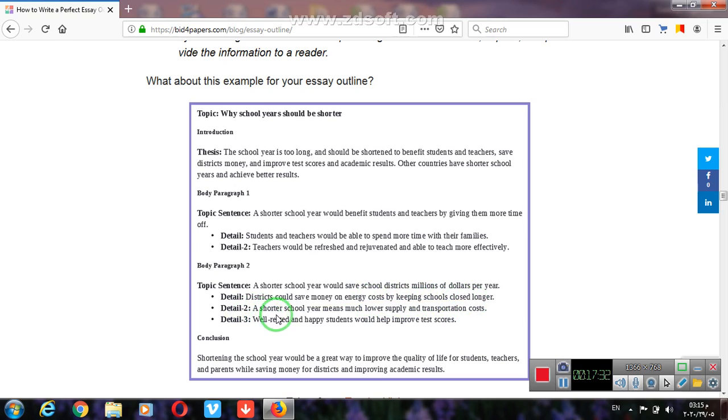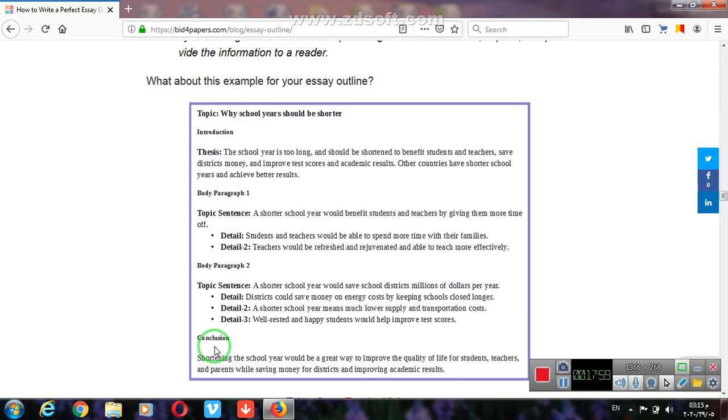Detail number 2, a shorter school year means much lower supply and transportation costs. And in detail number 3, one more idea, well-rested and happy students would help improve test scores. Okay, he is discussing his topic sentence, and as you see, the two topics in the body paragraphs are related to the main topic. Okay.